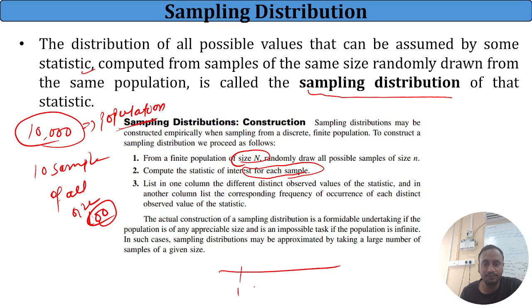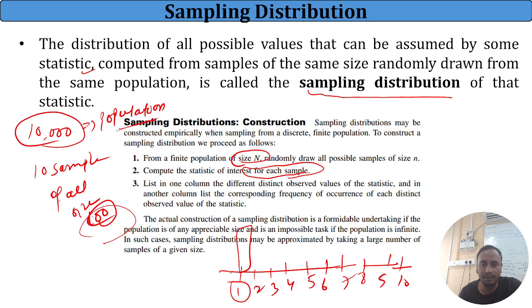Let's say 1, 2, 3, 4, 5, 6, 7, 8, 9, 10. For the first sample, what was the mean value? Let's say this one. The second one, the third one like this, the fourth one like this, in a similar way.